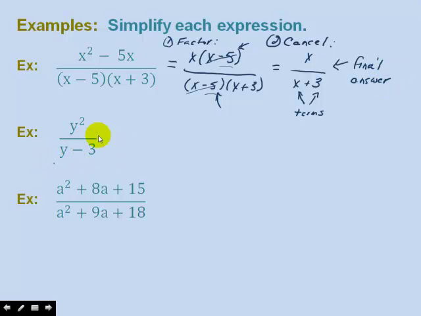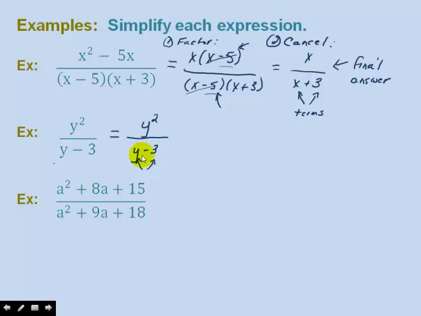Okay, let's look at the second example. So first we're factoring. On the top there's nothing to be done. And on the bottom actually there's nothing to be done either. There's nothing that we can do to factor. And again, if we look at our denominator, we have two terms here.